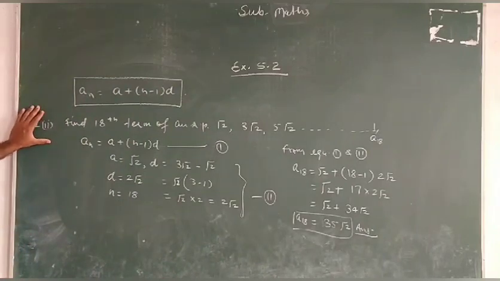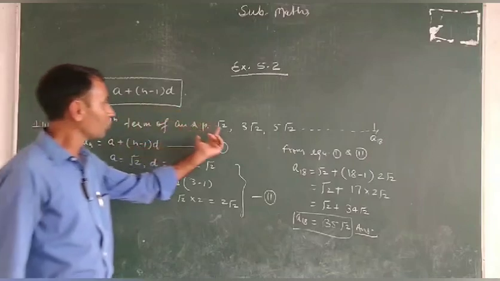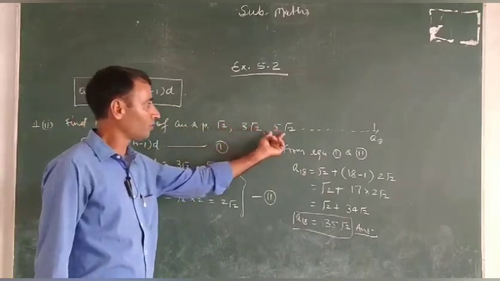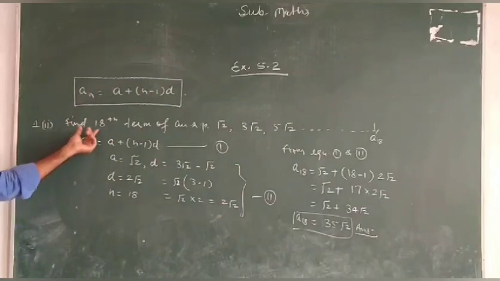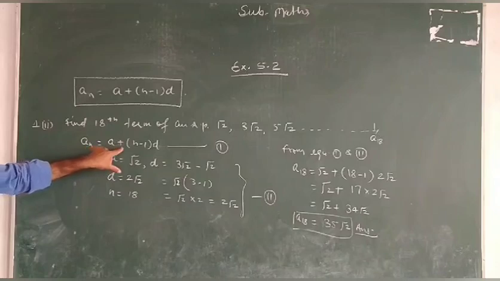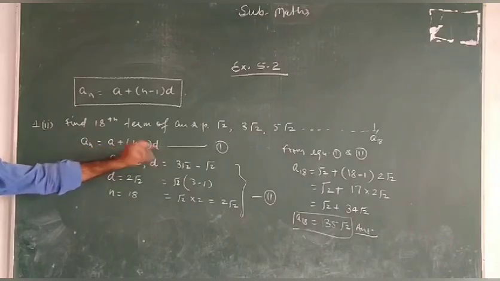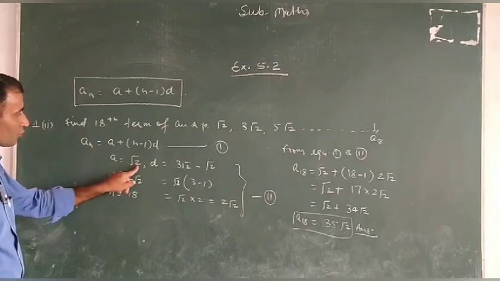Class, pay your attention please. In this question, we have to find the 18th term of the given progression root 2, 3 root 2, 5 root 2. To find the 18th term, we apply the formula An equals A plus N minus 1 into D. Here A is equal to root 2.